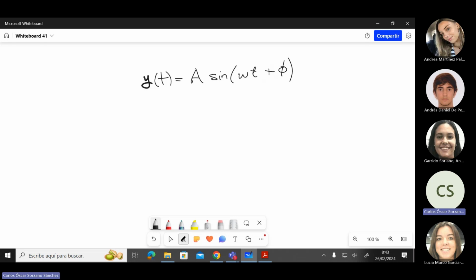And for the frequency there are multiple ways of writing it, so this is the same as this one, and it's the same as this one.